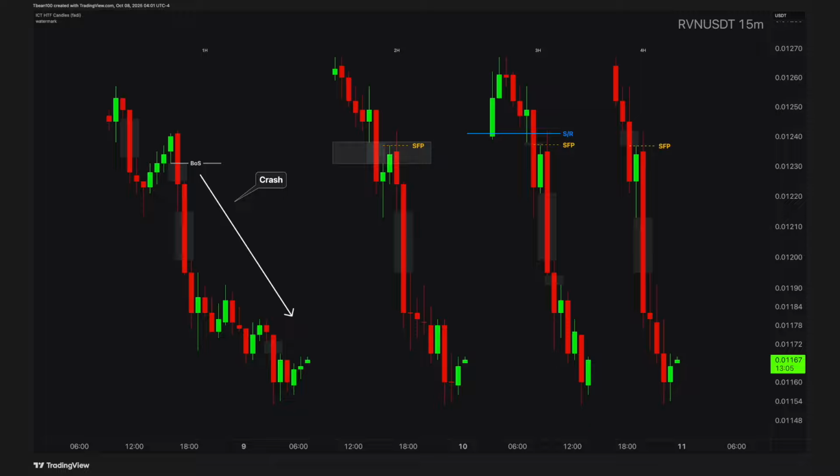And all that led to this huge crash. So, all these patterns combined are extremely powerful, helping you catch early entries as much as possible, with multiple price action confirmations to back it up.